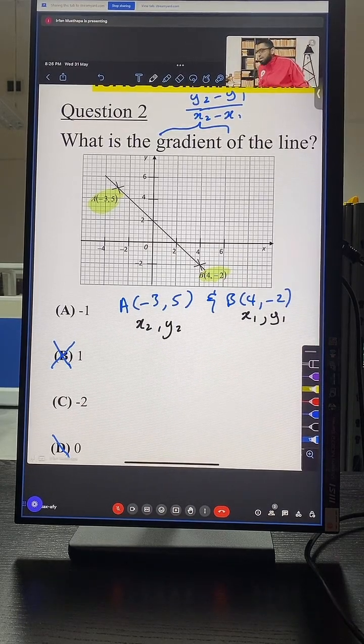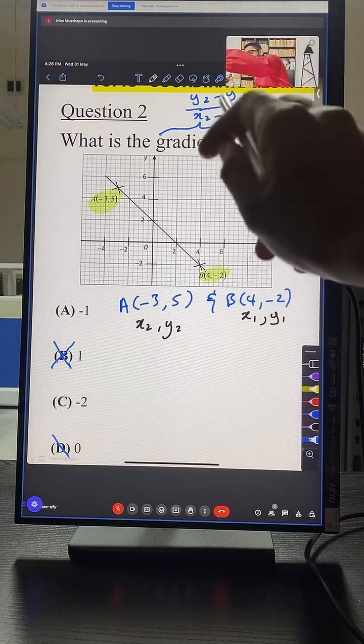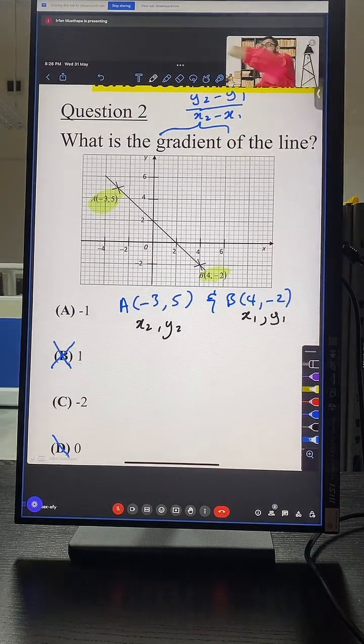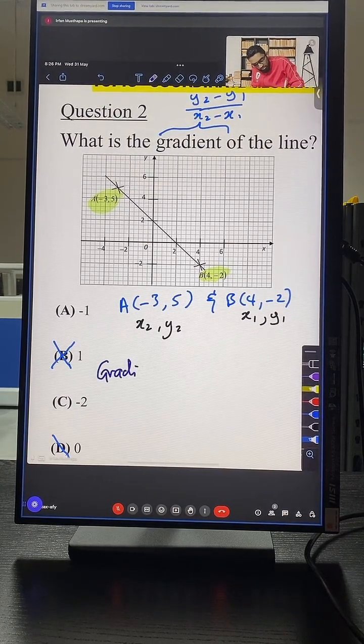So how do I use the gradient formula? Look at the top there, guys. The gradient formula is right there at the top. So let us use that particular formula to find the gradient of these 2 points. So the gradient is just equals to y2 minus y1. What's y2? y2 is 5, minus y1.